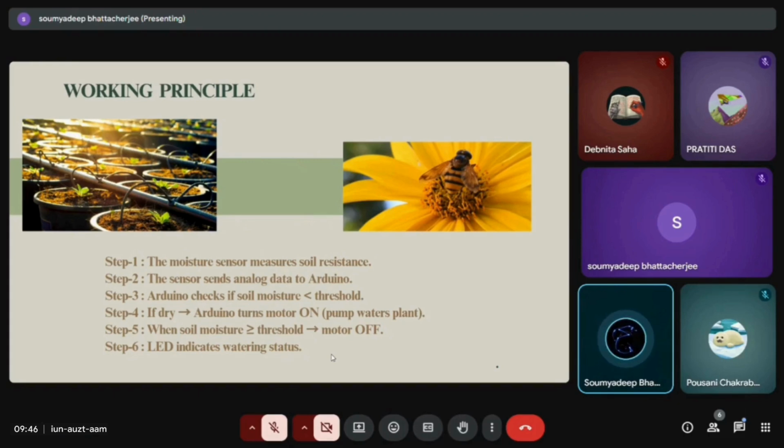A person senses thirst when their mouth and throat feel dry. In our system, the soil moisture sensor is the mouth. It constantly monitors the environment and sends a reading of the dryness level to the brain. The Arduino Uno is the brain.